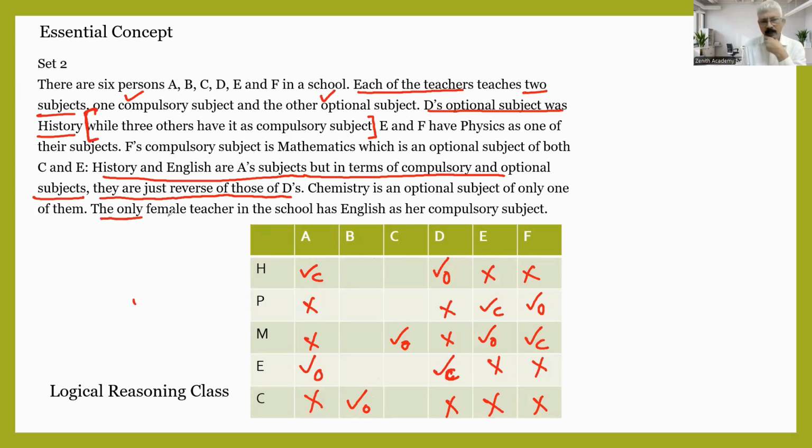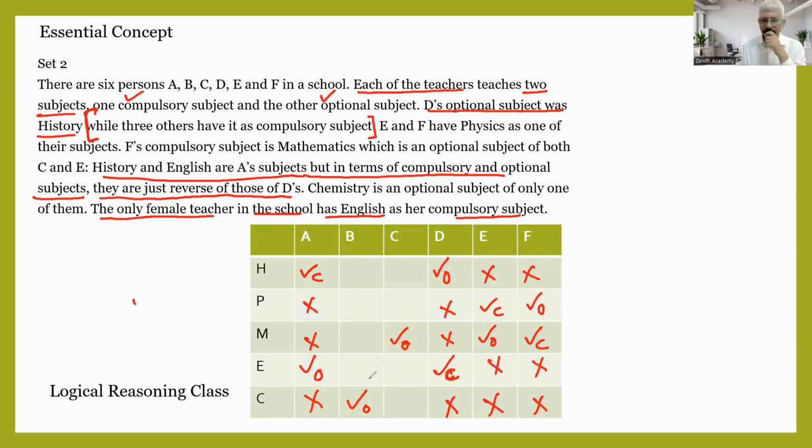The only female teacher in the school has English as a compulsory subject. So English is a compulsory subject only for her, meaning no one else. Here we have decided the subjects of E and C. C's optional subject is decided, so the compulsory is left. B's optional subject is decided, so the compulsory subject is left.